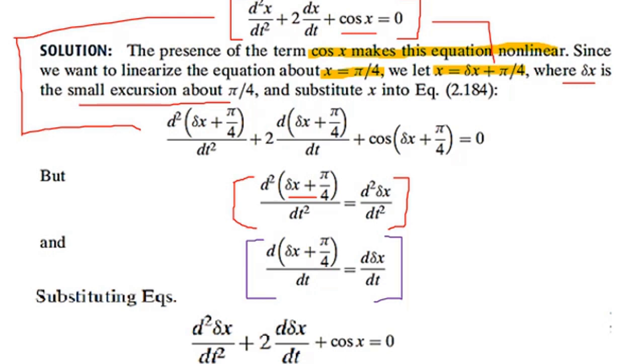And for this limited region of operation, we will have the ODE given below. Now the nonlinear term cos of x can be linearized with the help of Taylor series as discussed in the next slide.